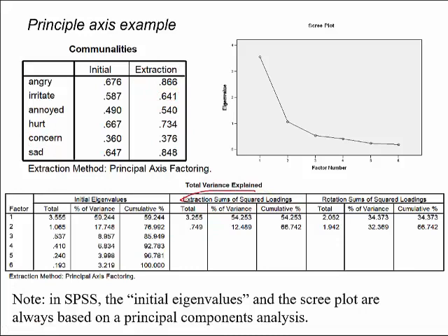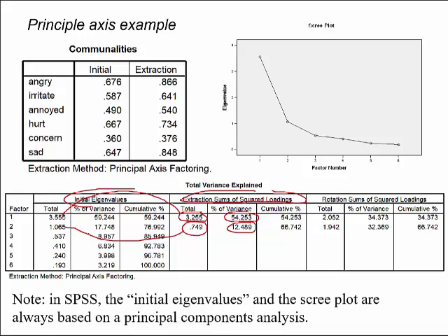So here are the extraction sums of squares. My first factor had an eigenvalue of 3.255. It explained 54% of the variance. And my second factor had an eigenvalue of 0.749. It explained 12.48% of the variance. And note that these no longer match. And it wouldn't have matched even if I did the initial eigenvalues based on a principal axis factoring.